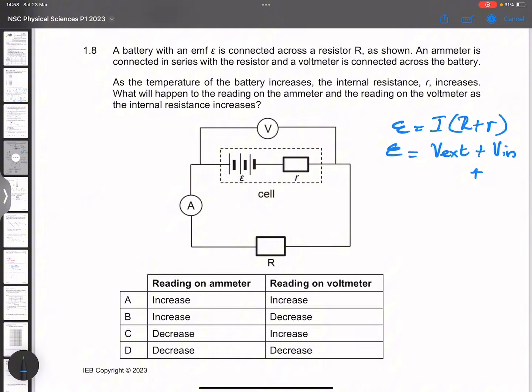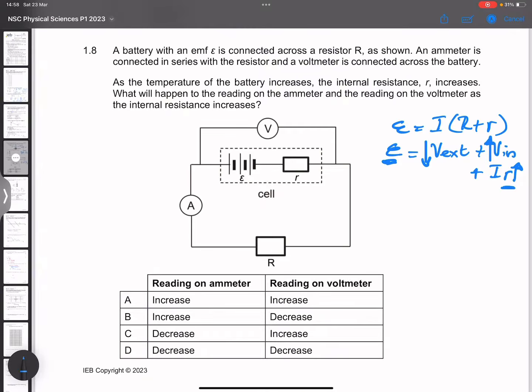So remember, when R internal increases, what it does is that it will increase the value of the internal voltage. So what happens? Our EMF stays constant, so V external will definitely have to decrease, right? If EMF has to remain constant.